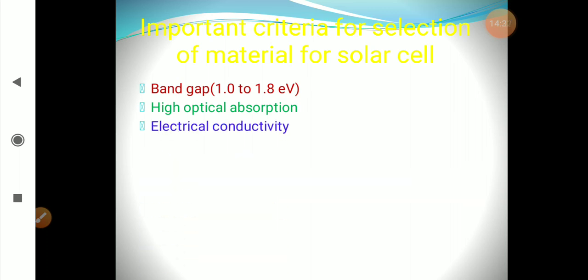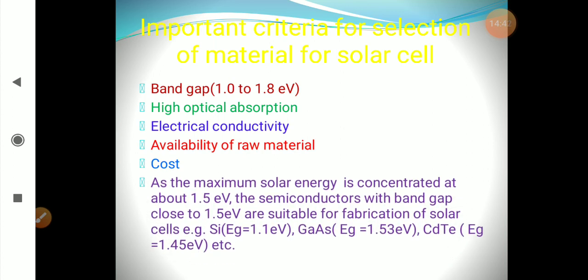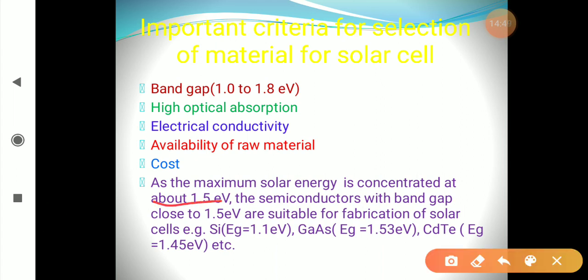It should have good electrical conductivity and availability of raw material. Cost, obviously. Now, the maximum solar energy is concentrated at about 1.5 electron volt. The maximum energy is concentrated around it.